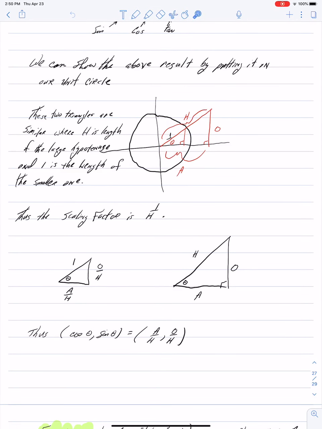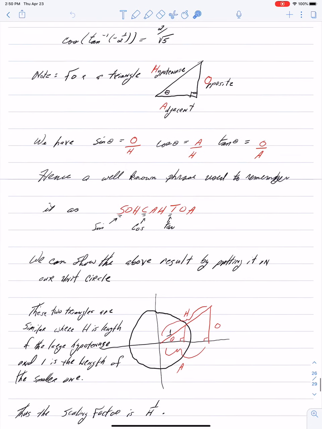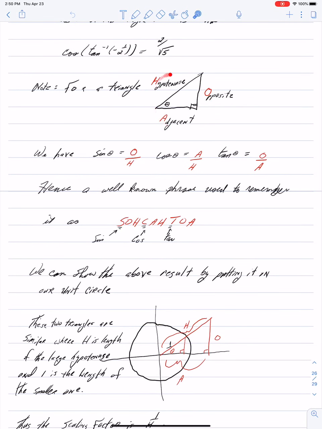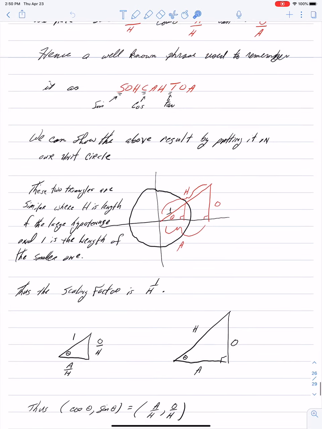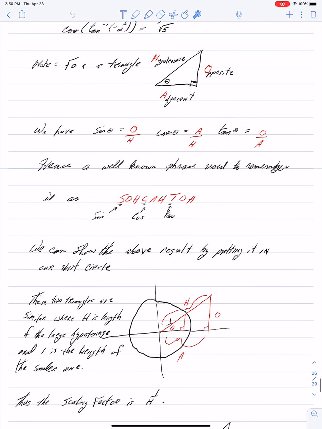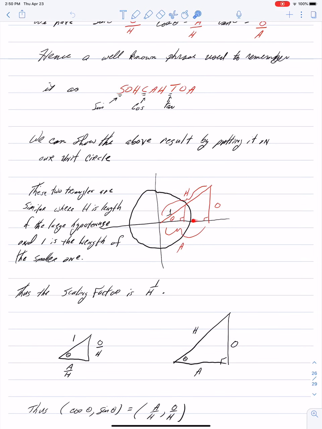The bottom line is, the way I introduce sine theta and cosine theta is they're the coordinates of where the terminal side intersects the unit circle of radius 1. So let me show how this fits. Okay, so let's take our triangle here.